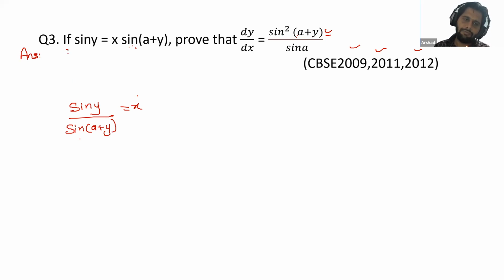You have sine y is equal to x sine a plus y. So what we have done here is shift this to the left side, so you get sine y by sine a plus y, and this is equal to x. Okay, Fahad, now is it fine? Okay, very good. Now please differentiate both sides, find dy by dx, and let me know if you have any doubt in this.